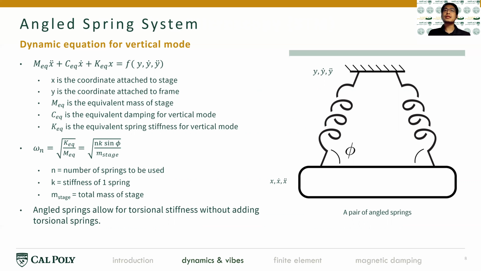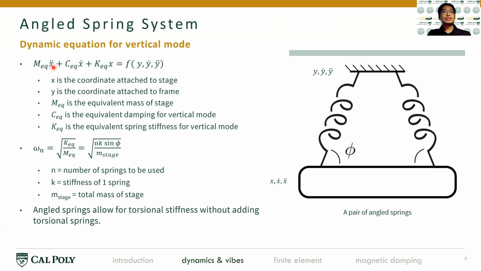The reason that we look at the vertical mode only now is because we want to derive the relationship between the spring stiffness and the mass of the stage, so that we can purchase the spring from some vendors online. So the first equation here is a very typical equation you see in dynamics and vibration.